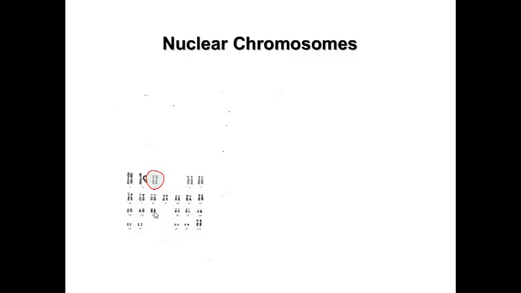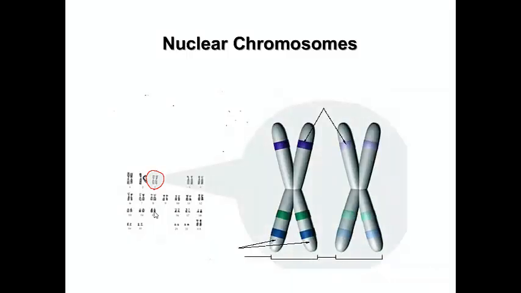If we were to blow up these two homologous chromosomes, both of the number 3 type, we'll see two large chromosomes side by side. And the different color stripes, here we have purple, here we have green, here we have kind of a cyan color, represent different specific genes.